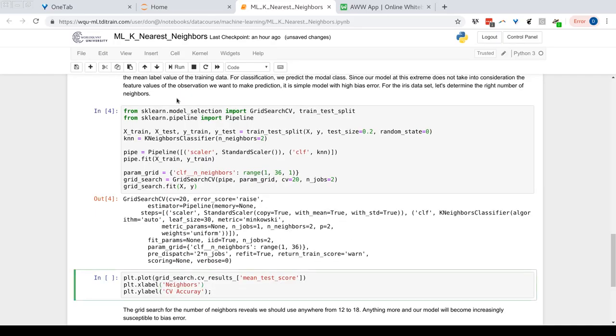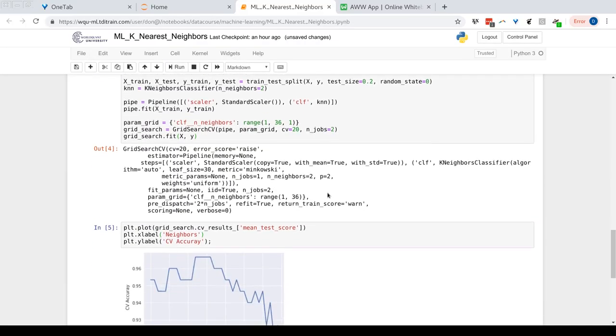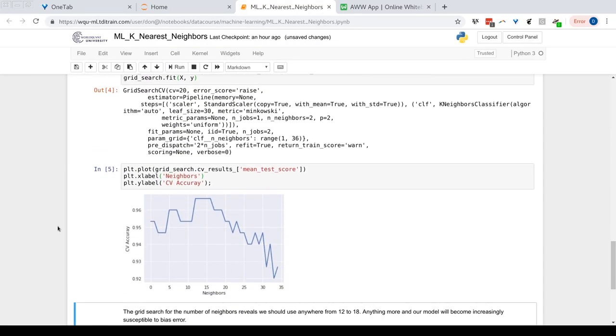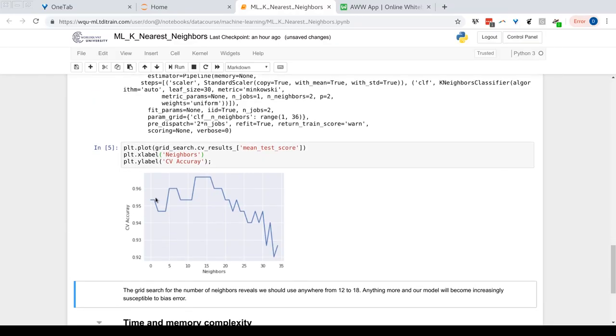Okay, let's see what our cross-validation results were. Let's plot it out. So this indicates that as I increase the number of neighbors, my accuracy gets better, but at a certain point, my accuracy starts to drop.